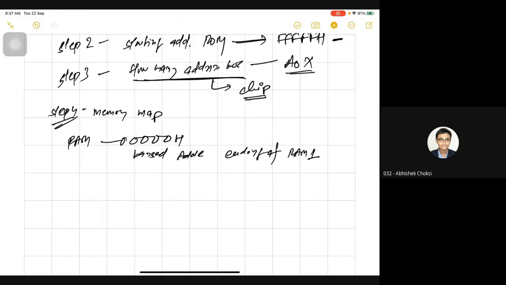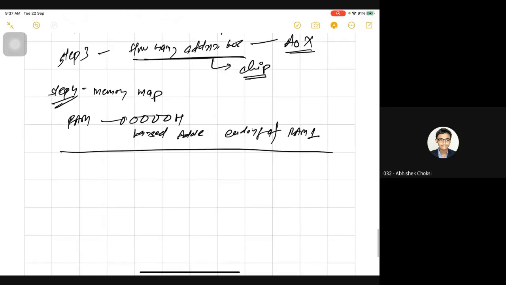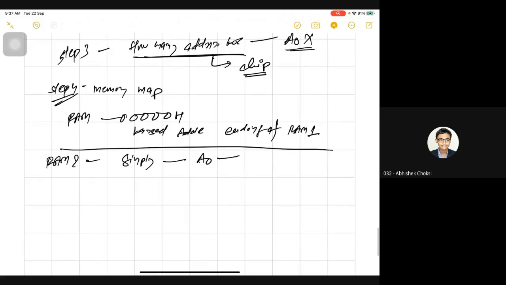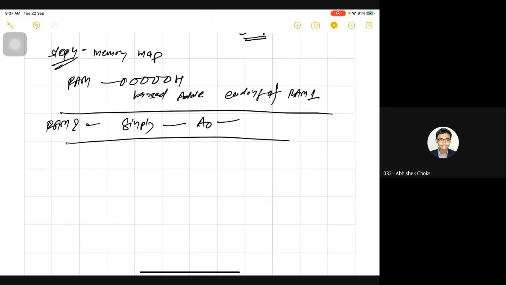Once you are done with the ending address of RAM 1, for RAM 2, simply keep everything as it is, only change A0. Once this is done, now add 1 to the ending address of RAM 1, and that will be the starting address of RAM 2.